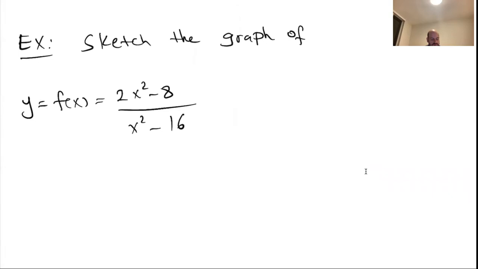So how can we sketch the graph of this function? Well, always look at the function. If it's possible to simplify it, you can simplify it first. I can simplify this function.